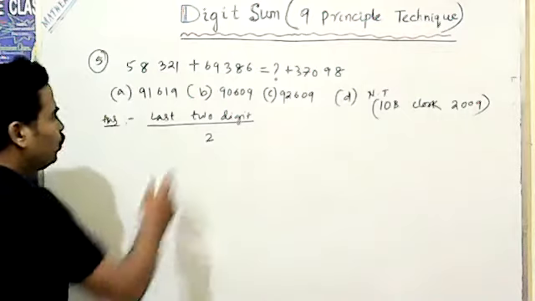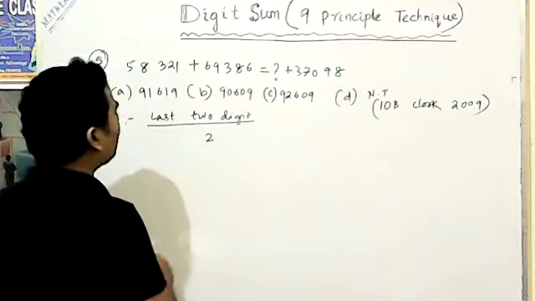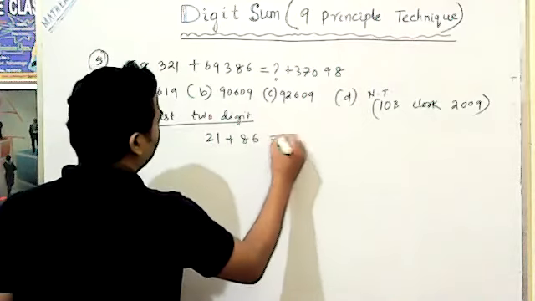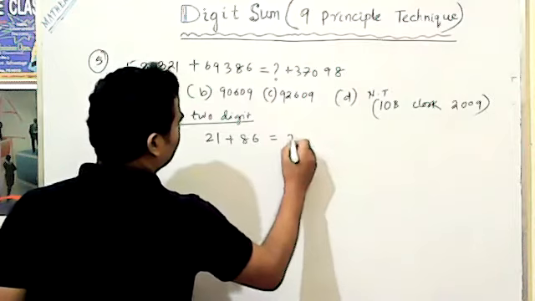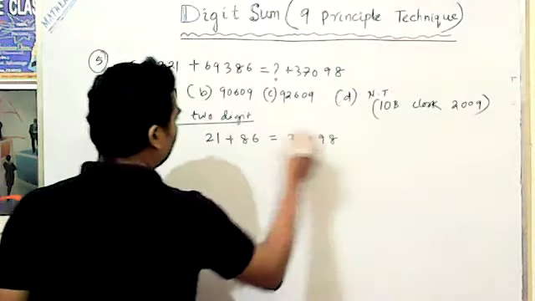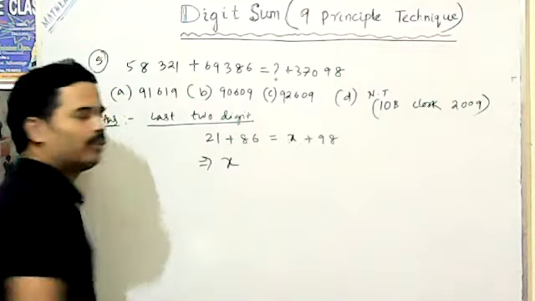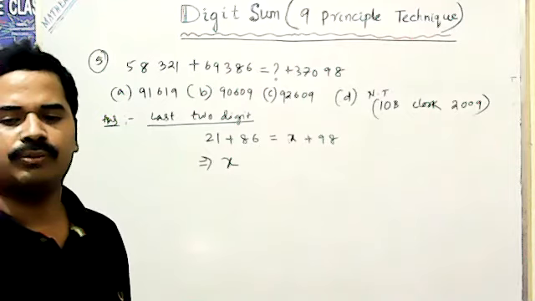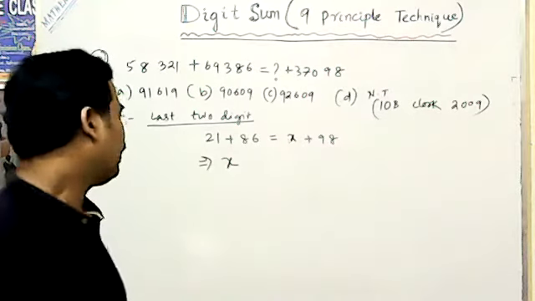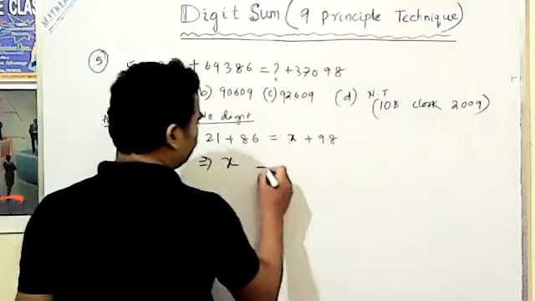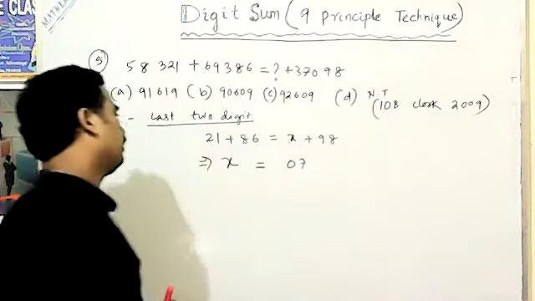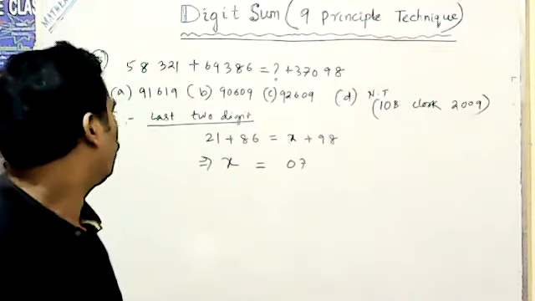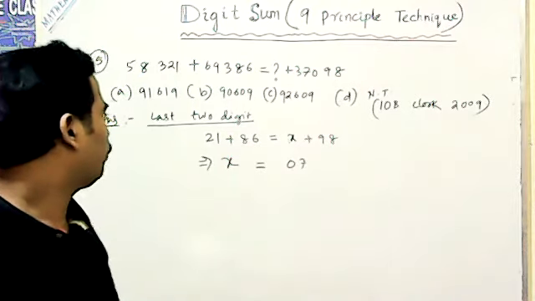If you apply the last two digit concept, 21 and 86 give 107, and the total is 98, so x is the difference. 107 minus 98 gives 09, so the x value comes to 09.